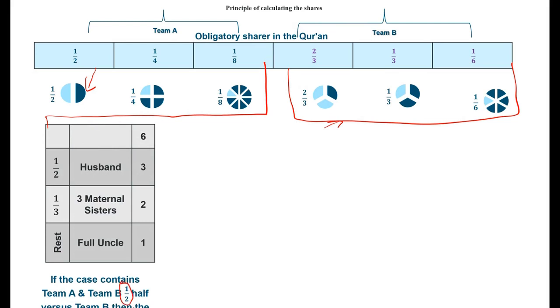Half versus Team B, we have a half and anyone from Team B, the result will always be 6, because denominator 2 can go into 6, so we take the biggest number. Otherwise, it will be 2 times 3, which is always 6.